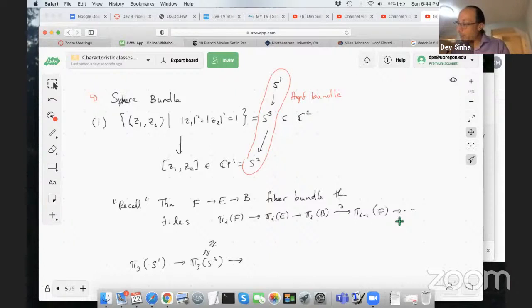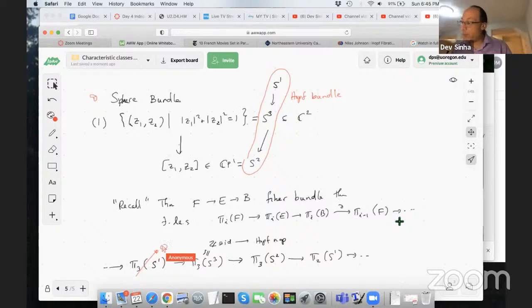And then if I've got the identity map in here, then under the natural map, which is composition, the identity map goes to the Hopf map. And then we've got our connecting homomorphism to pi 2 of S1. This is, in general, interesting, but I'm just going to cut it off here.